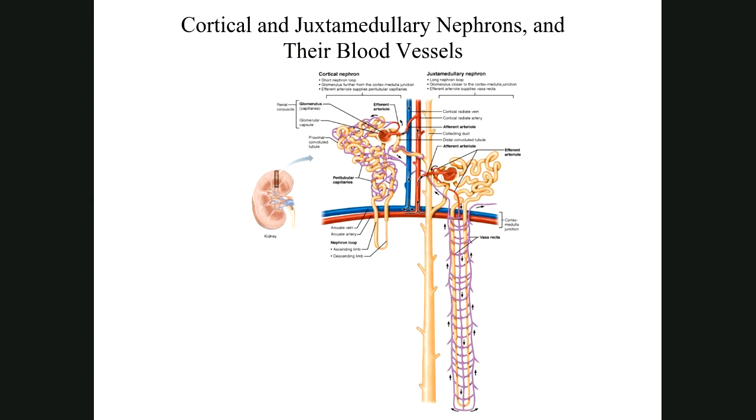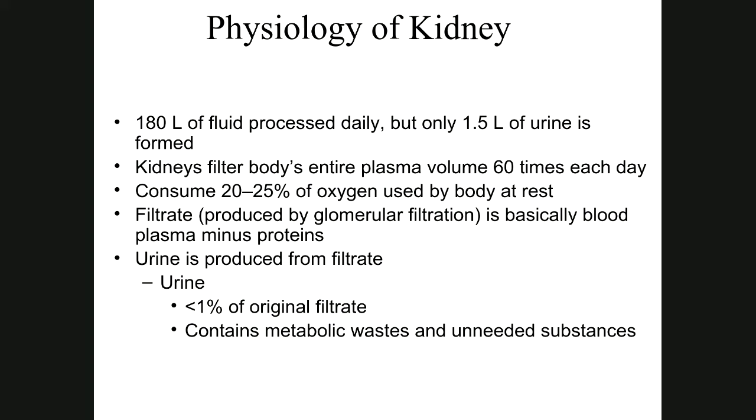The kidney filters the entire body plasma 60 times each day. It consumes between 20 to 25% of the oxygen used by the body at rest.